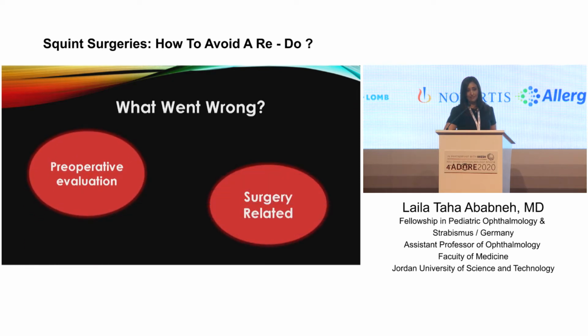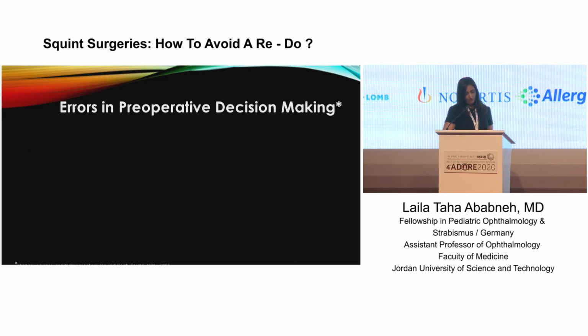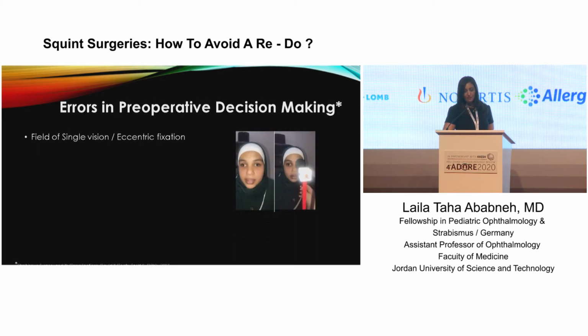It could be something that happened in the preoperative evaluation or due to the surgery itself. But in fact, most errors occur during the evaluation because the surgery itself is usually a straightforward one. I just want to give you a few examples.